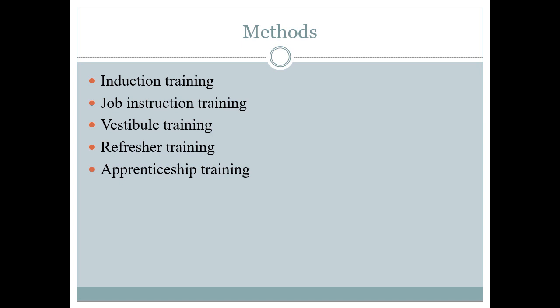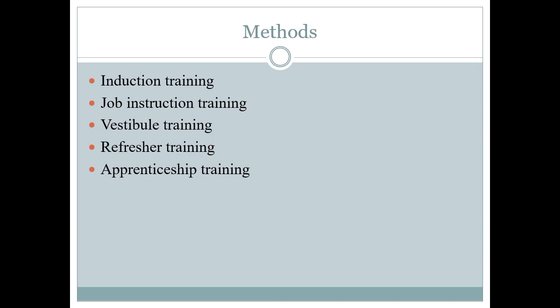As a finance manager, what is he supposed to do? When is he supposed to do what things? What are the skills that person is required to update? What are the decisions which he will be taking? To whom is he answerable? Who are answerable to him? All these things are communicated in job instruction training.